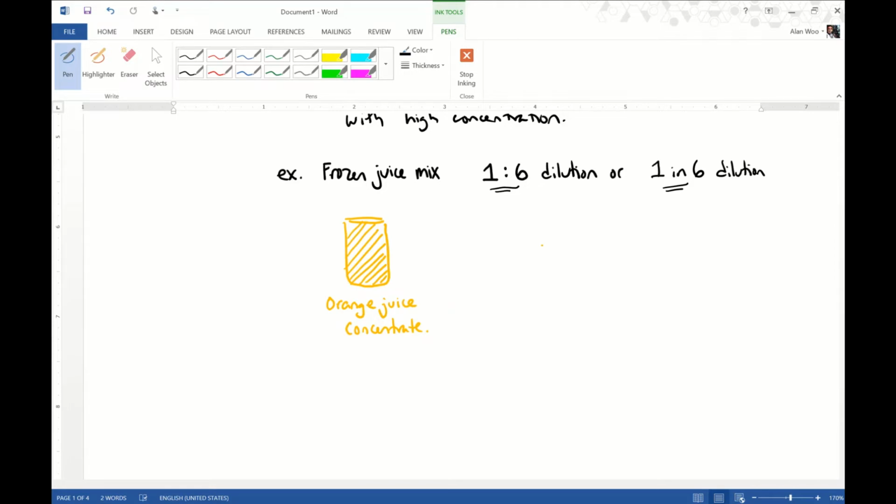It's not meant to be drunk or served as is. If you just melted this concentrate and drank it, it'd be very, very sweet and very, very strong. So it's meant to be put into a larger, perhaps, pitcher.